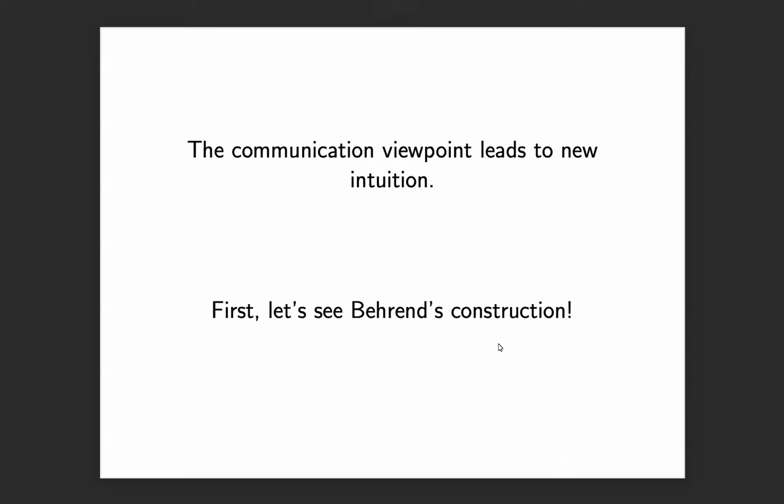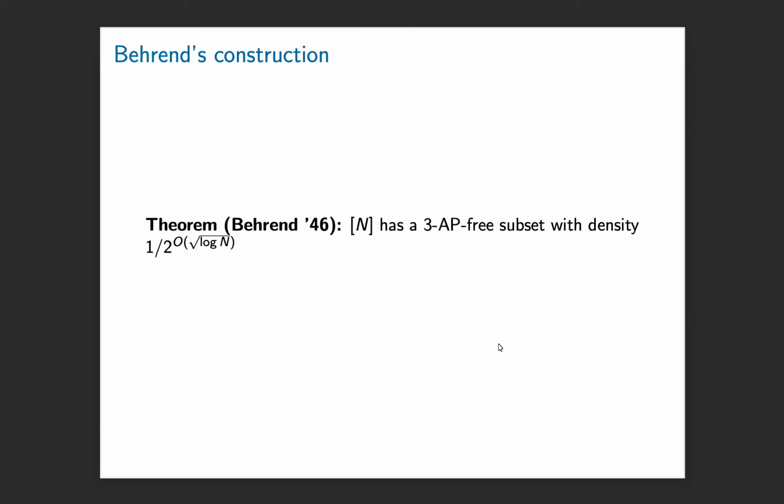So to explain where the optimizations are, first let's look at Behrend's construction. So recall that Behrend said in 1946 that we have a three-term arithmetic progression-free subset of this density.